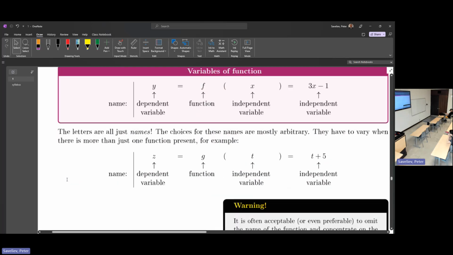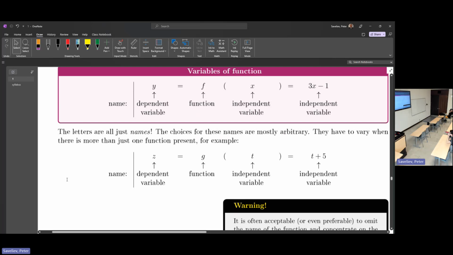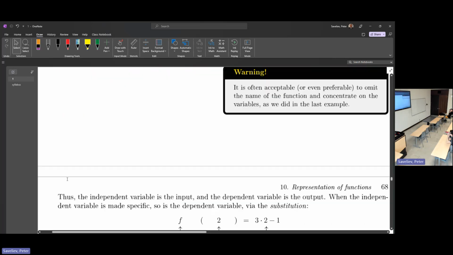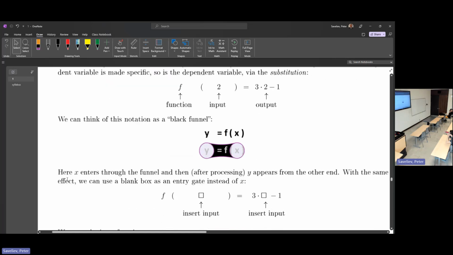And these are the same function. As you can see, the formula is the same, even though the names of the variables have been changed. So is it the same function or not? That depends on your point of view, but they certainly compute the exact same values. Okay, so that's the substitution. You can think of it as a funnel if you like. You can literally plug in these values.